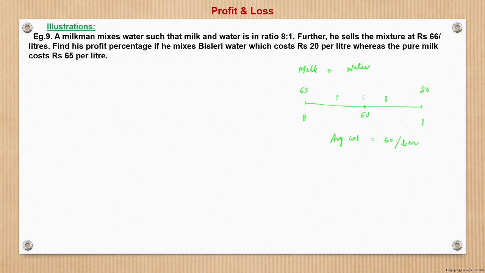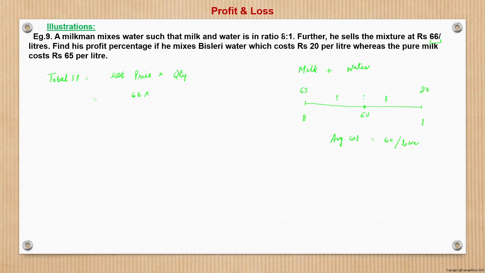So we have to find the profit percentage. Total SP is equal to price into quantity. Price is, it's being sold at 66 rupees, and quantity is 8 plus 1, 9, right?